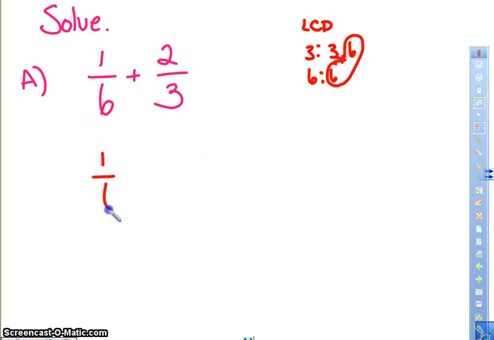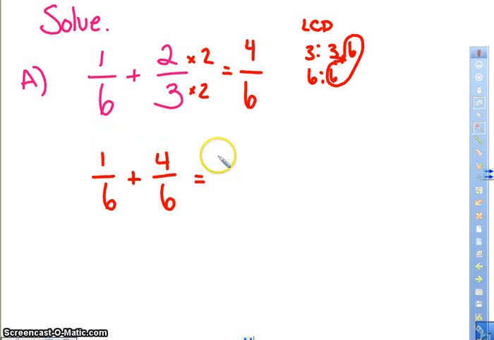I have 1/6 plus, I'm going to multiply these both by 2 because 3 times 2 is 6. 2 times 2 is 4. So I have 1/6 plus 4/6. Add your numerator. 1 plus 4 is 5. Denominator stays the same. I can't simplify it. So that is my final answer.